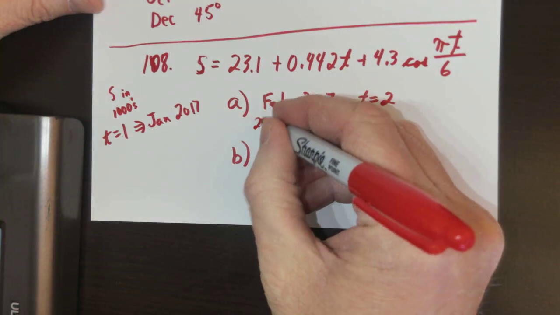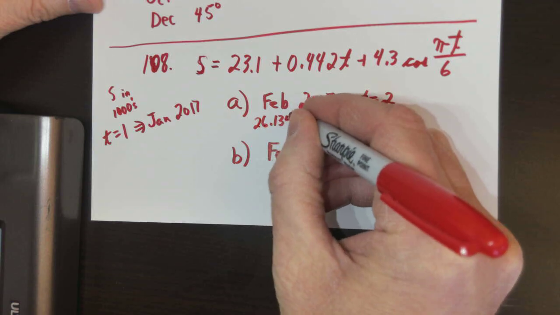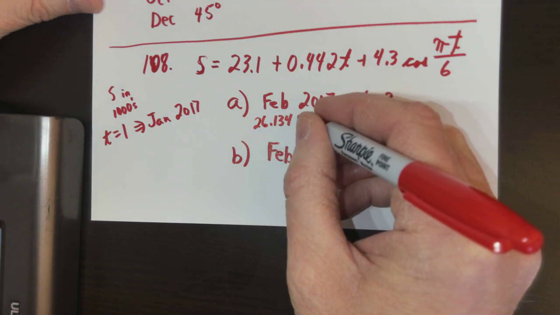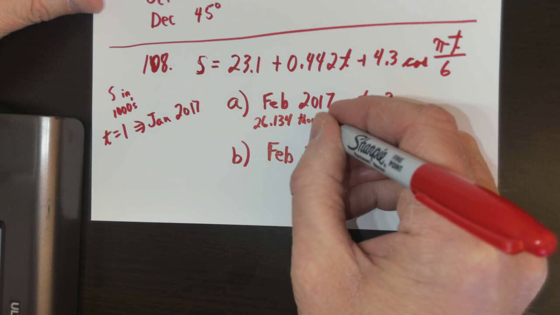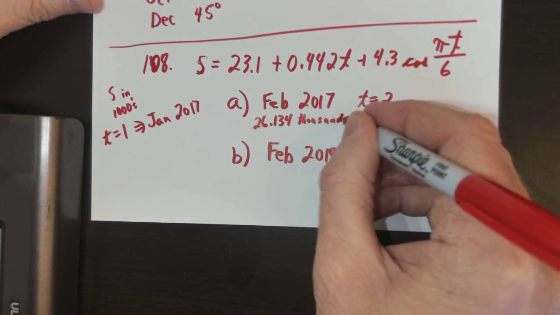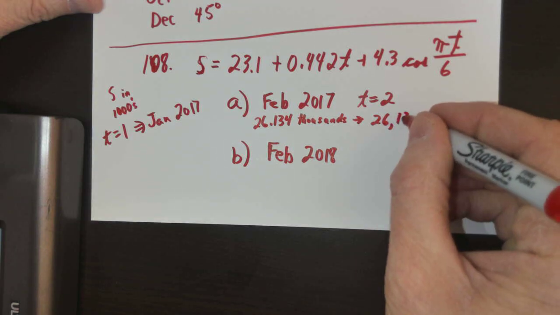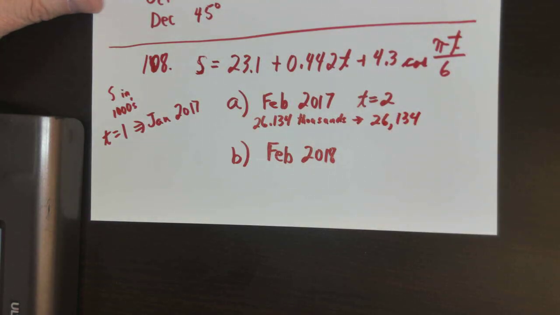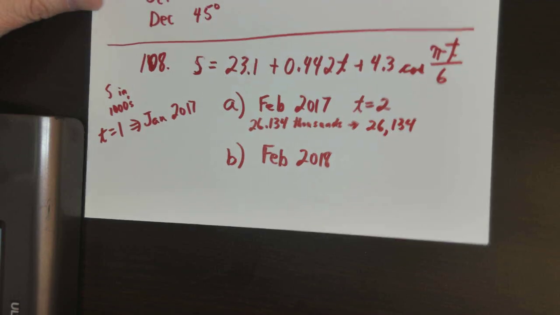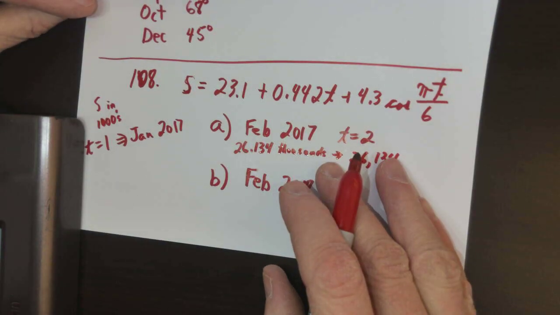26.134. Thousands, which translates to 26,134. What are we doing here?